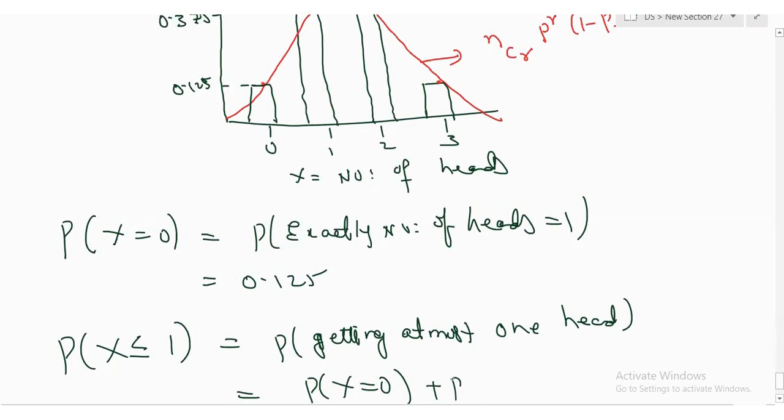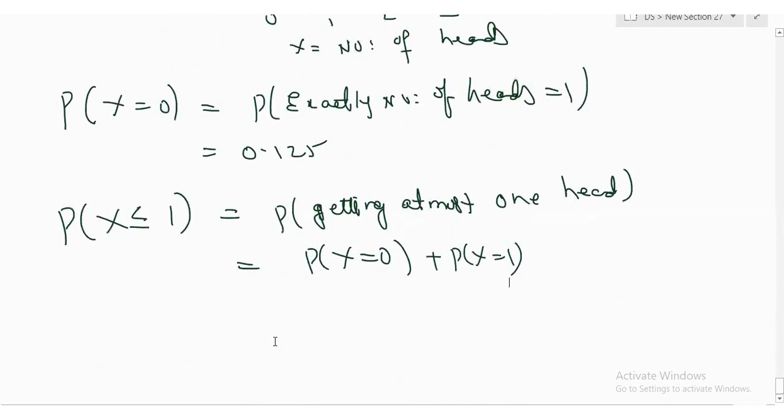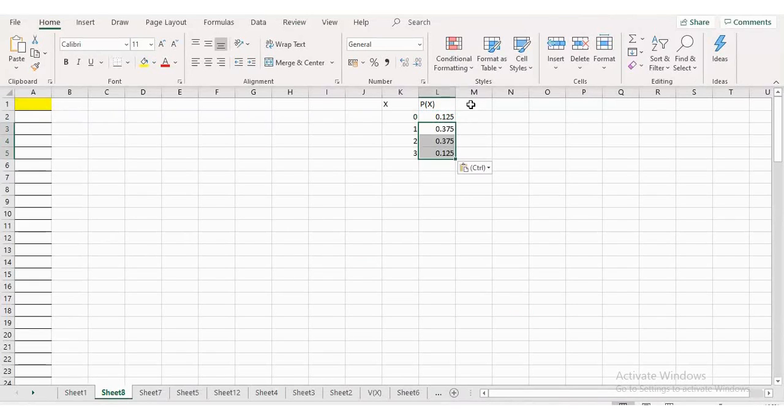So, there's our understanding. What is the meaning of this? This is 0.125 plus 0.375, whatever the answer. So what is the meaning of this? Let me write. This is called cumulative.